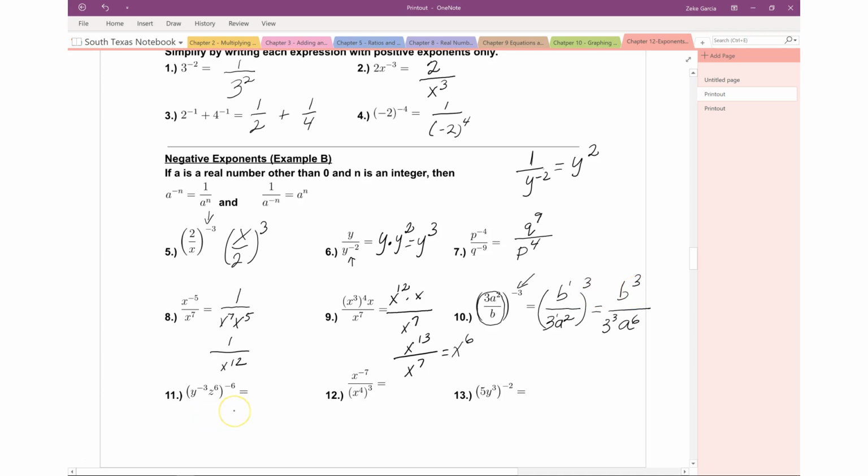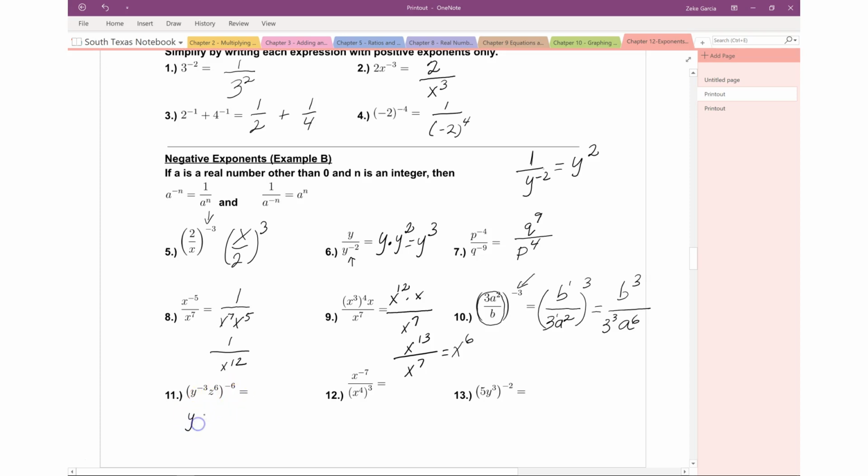Number 11, we have y raised to the negative third power, and it's raised to the negative 6th power. And we have z raised to the 6th power raised to the negative 6th power. What I'm going to do is multiply these exponents.